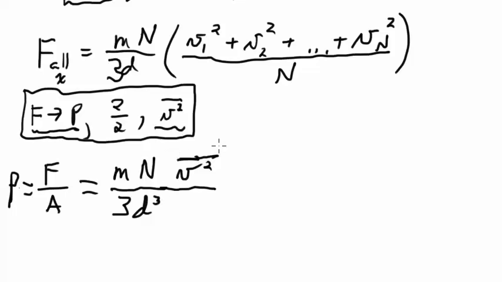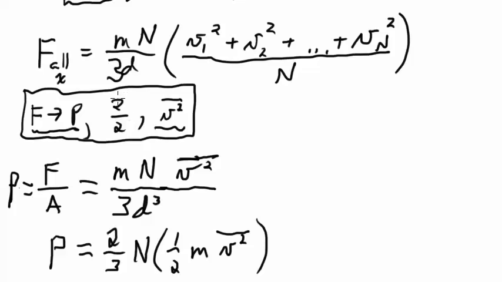Also, in this same step, I went ahead and replaced v1 squared plus v2 squared plus ... plus v sub n squared with just v squared bar. And finally, I take care of multiplying by 2 over 2, which means that here I'll have 2/3 and here I'll have a 1/2, which puts it into the form 2/3 times n, and this is the average kinetic energy per particle.